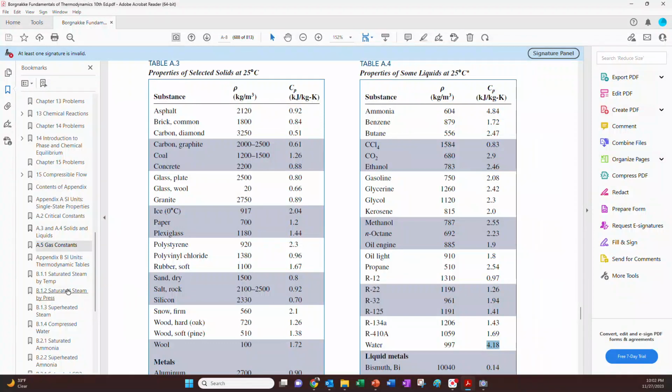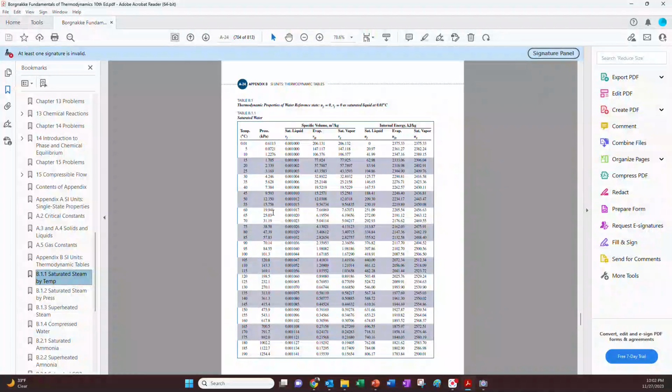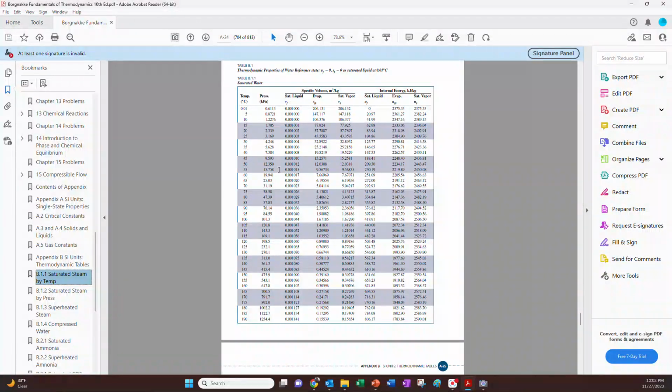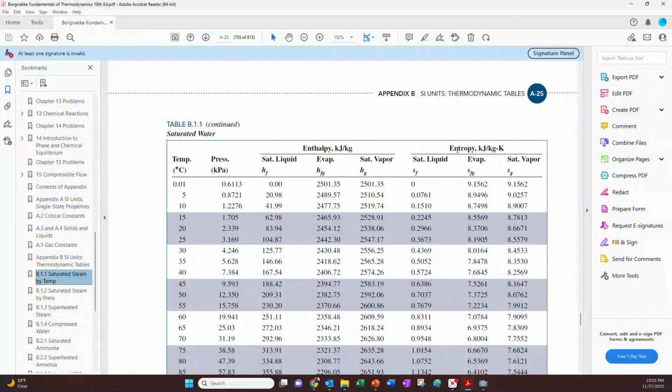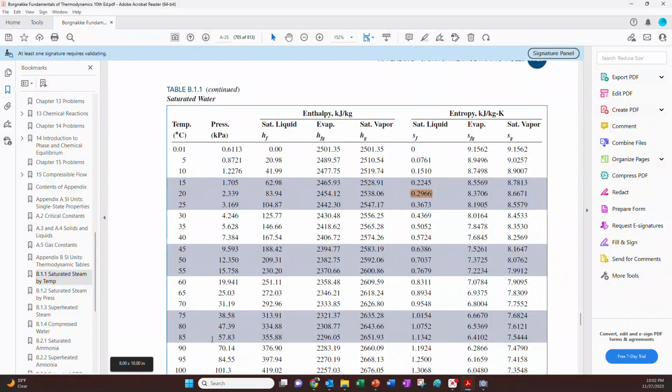Let's see if I did this one right. I'll just highlight it. Let me take a look at my notes. I sure did. Okay, so we have 0.2966 and 1.1924.